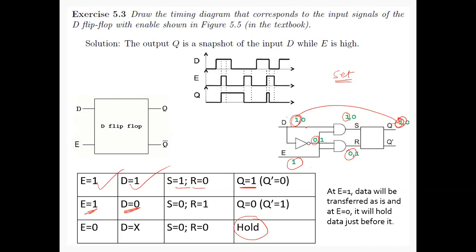So why do I want to lock? Because this data can change to 0 anytime, right? But you want to have the 1 locked there. You don't want it to change. So how do you do that? Now change this to 0. When you change it to 0, no matter what the input will be, your 1 is always there.